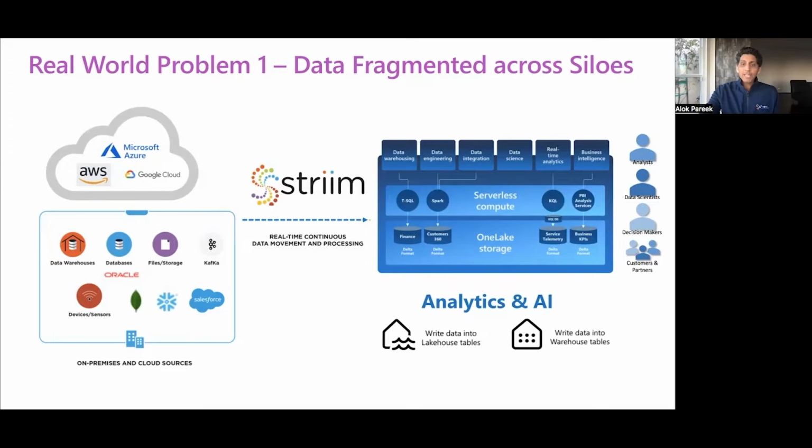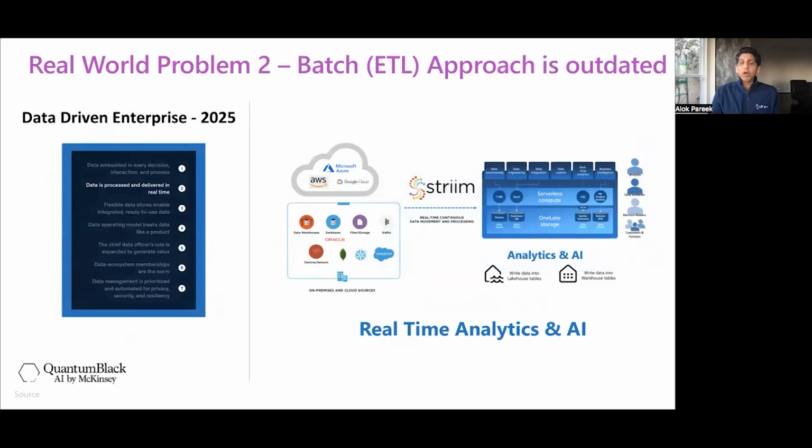Okay, and the second piece is the problem of data freshness. Typically, as part of integrating data into either traditional data warehouses or now into Fabric, if that's being done through your traditional ETL approaches, it creates a very simple problem, which is that the data is not fresh.